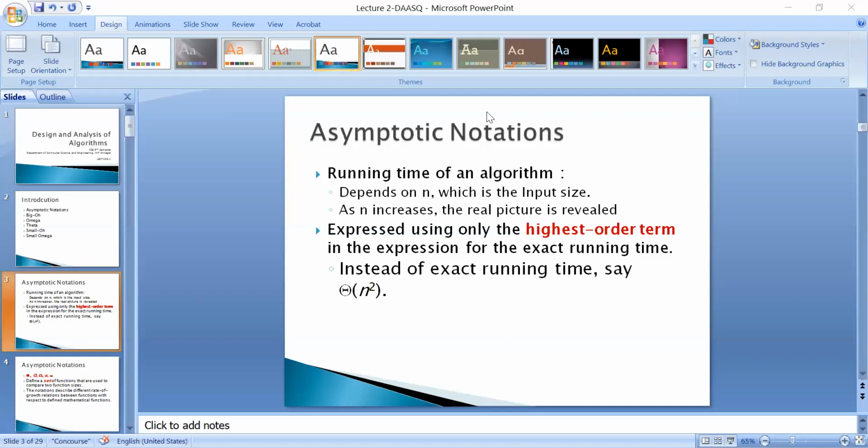If you have a double for loop, a single for loop, consecutive statements, you will have, let's say, n square plus n plus 1. So we will take the highest order term. I'll tell you why we do that as we discuss this in a while.